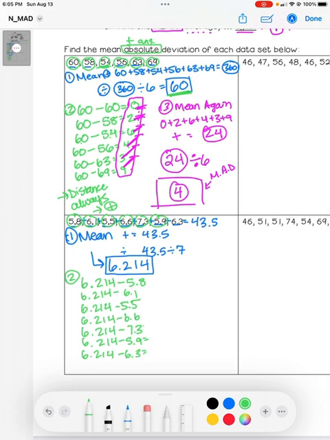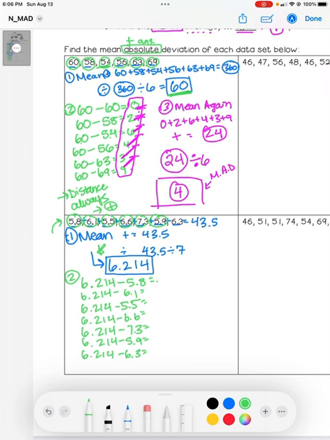So all I've done is I've made a list of subtraction problems. The first number in my subtraction problem came from the mean, and the second number in my subtraction problem came from these data points. And now I'm going to subtract. So I need 6.214 minus 5.8, which is 0.414.